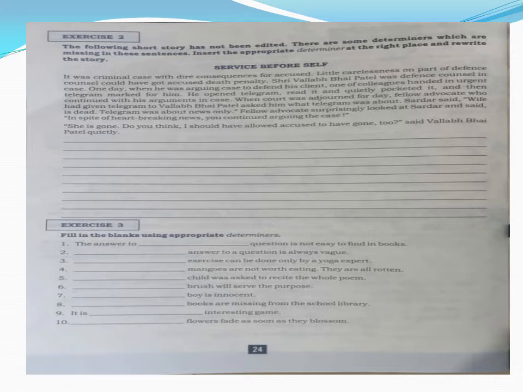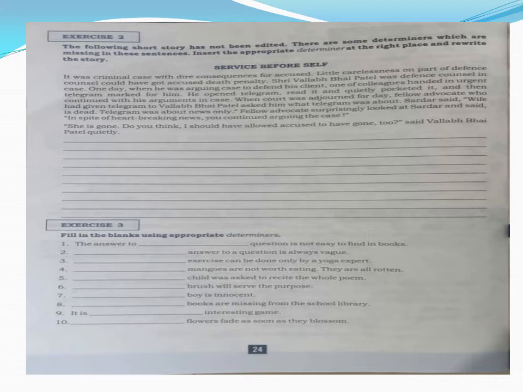So the we will use here. So in the second sentence: A little carelessness on the part of the defense counsel could have got the accused death penalty. Understood? यहाँ पे बहुत सारे आर्टिकल मिसिंग हैं और डिटर्मिनर्स are also missing. So children, try to write the correct one and then you will understand.